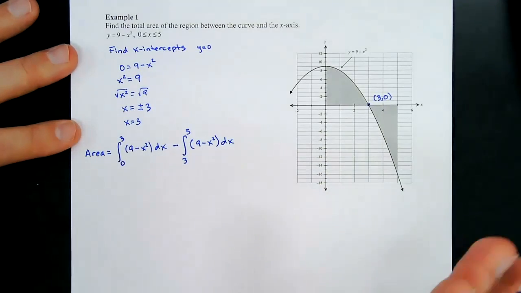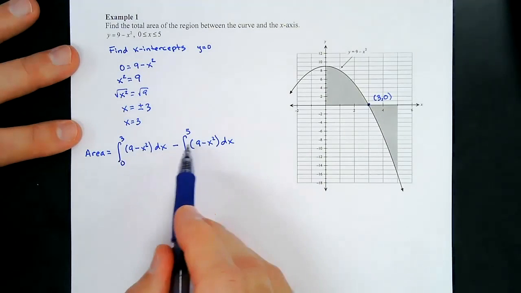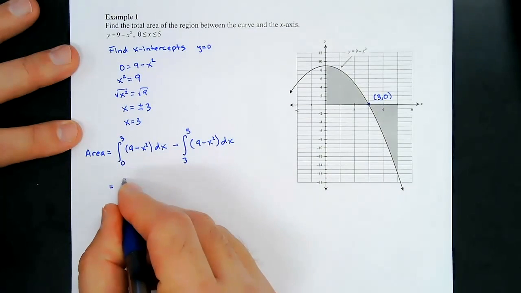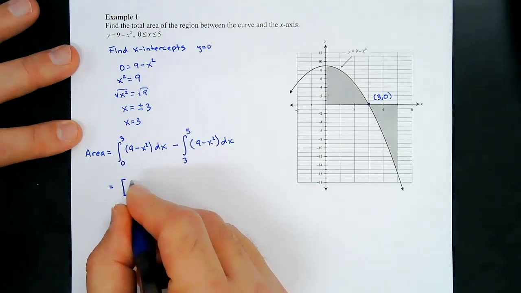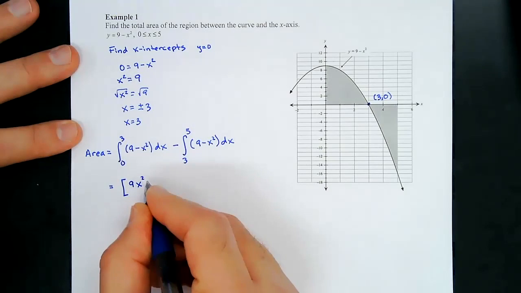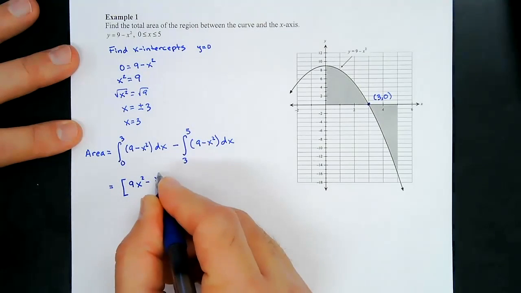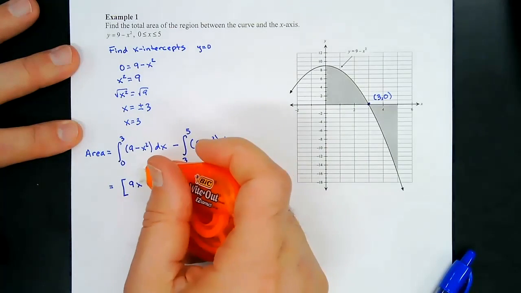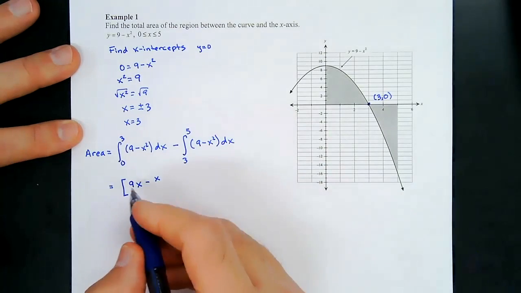So one thing that is nice is that both these are going to be the same antiderivative, right? Okay, so I'm going to put a bracket here. This becomes 9x minus x cubed over 3. I wrote 9x squared, it's just 9x, guys, just 9x.